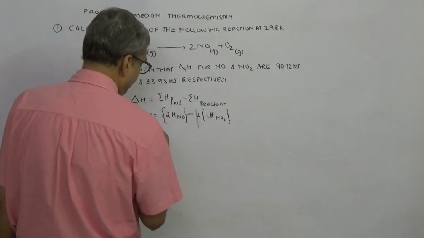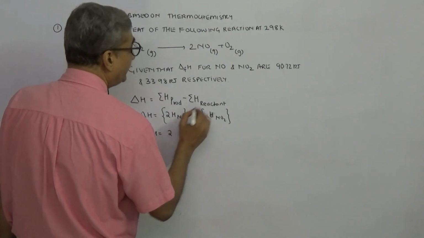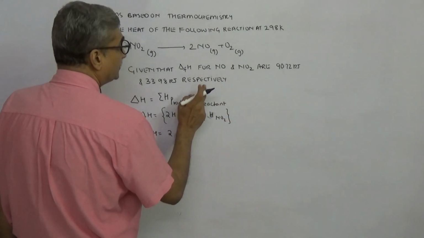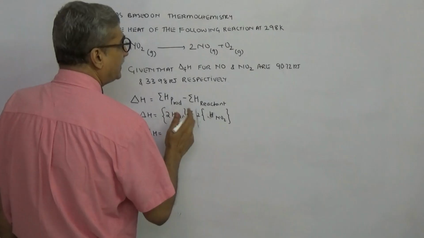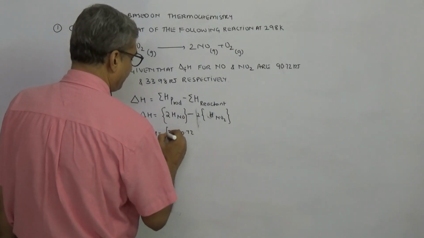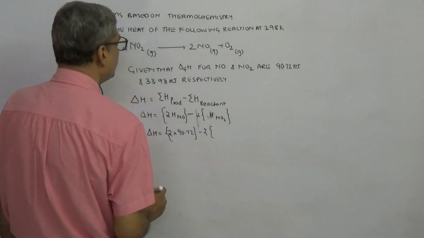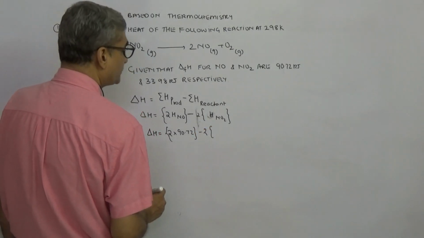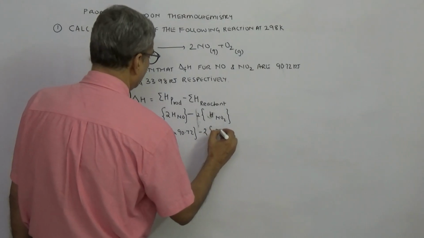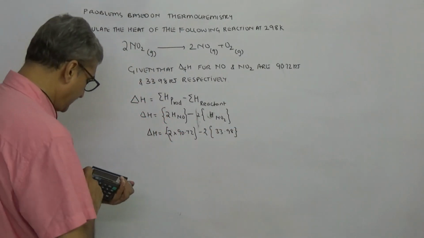So that is given. So delta H therefore becomes equal to 2 into enthalpy of NO, which is given as 2 into 90.72, minus 2 into enthalpy of formation of NO2, that is 33.98. Simple.